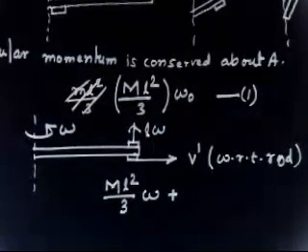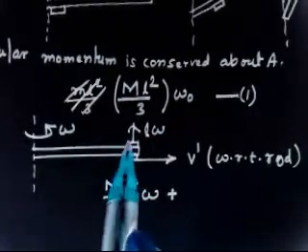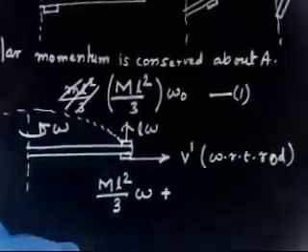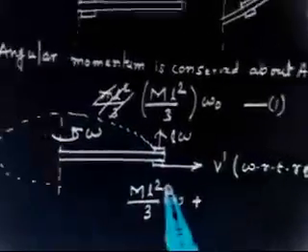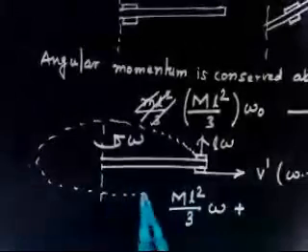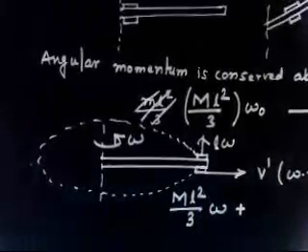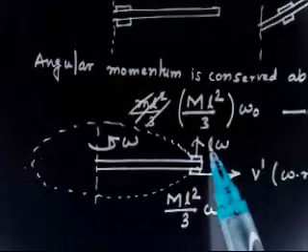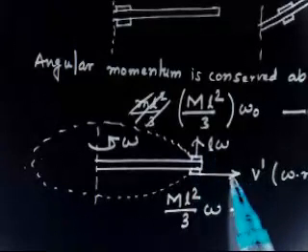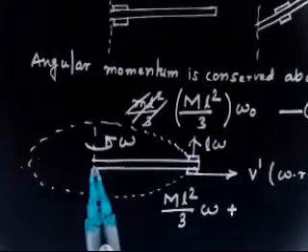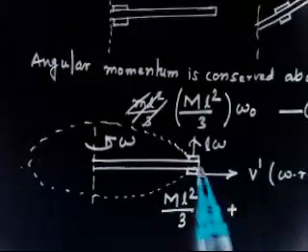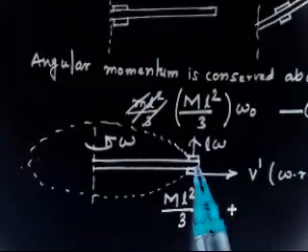Both velocities will be perpendicular because this sleeve is also moving in a circular path. I think all of you are able to understand. So due to this circular motion, there will be velocity L into omega. Now this velocity will not contribute to the angular momentum, because it passes through the axis. This velocity will contribute to the angular momentum.